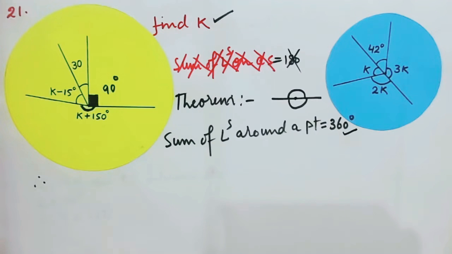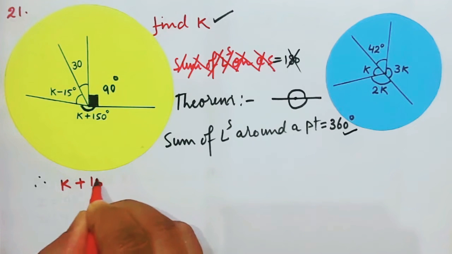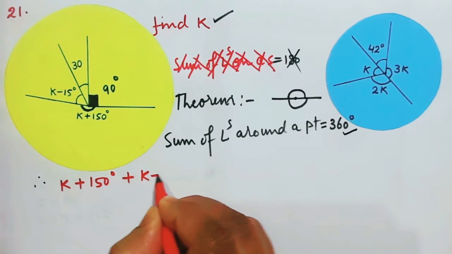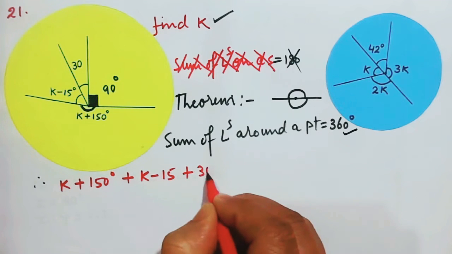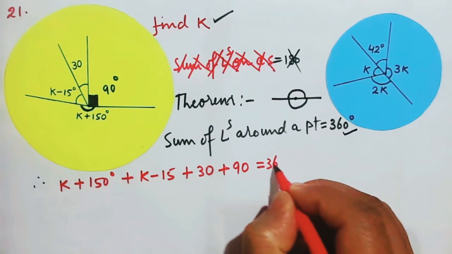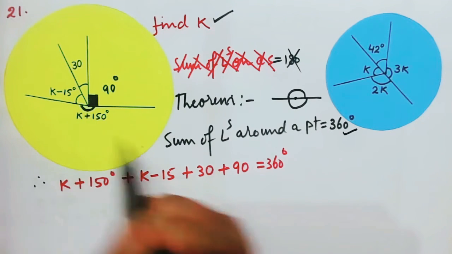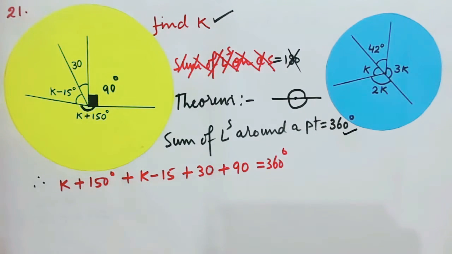Therefore, I need to mention that k plus 150, plus k minus 15, plus 30 plus 90 is equal to 360 degree. Why? Because sum of angles around a point. Now let us add: k plus k will be equal to 2k, and on solving, 150 plus 30 plus 90, so let me add this all first.